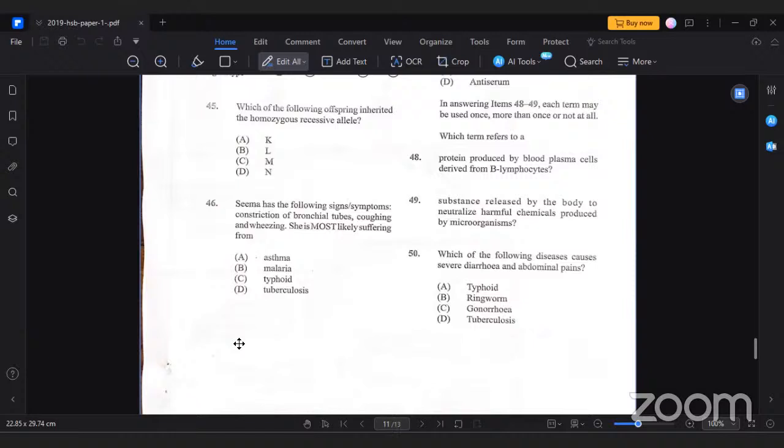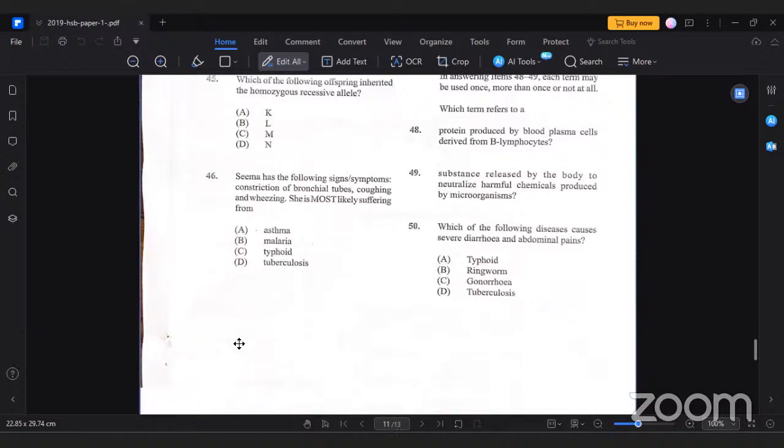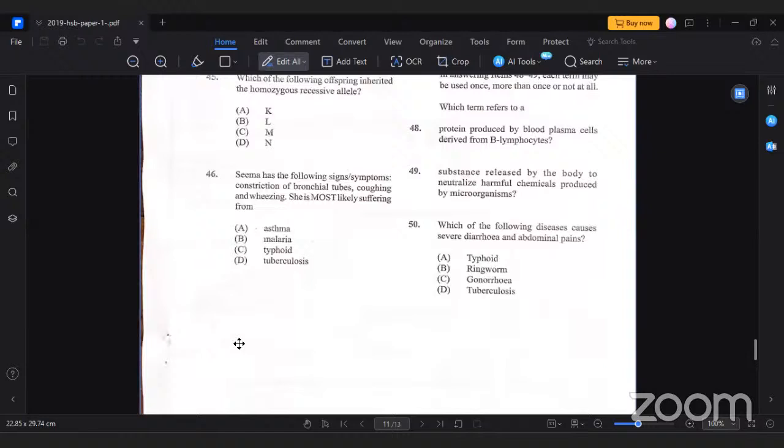Now we move on to 46. Asthma has the following signs and symptoms: constriction of bronchial tubes, coughing and wheezing.